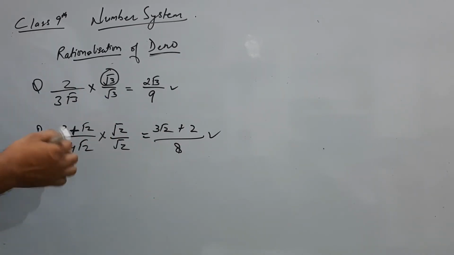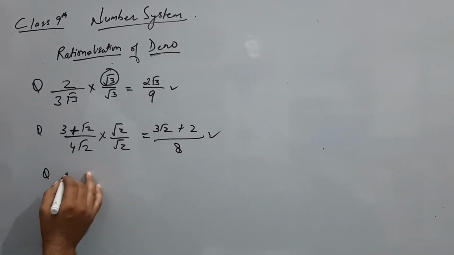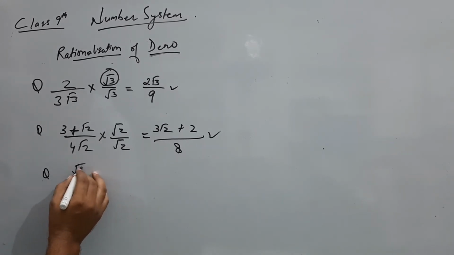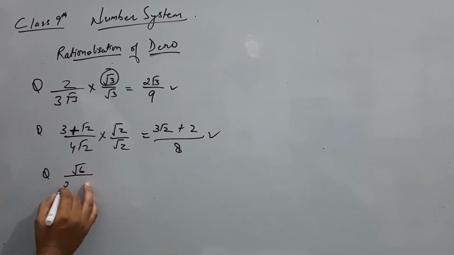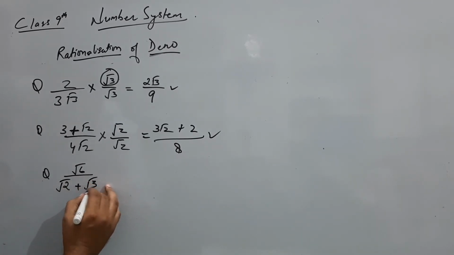But what happens whenever there are two terms, it is a single term and this is two terms, that means whenever there is a plus sign or minus sign, in that case we have to remember a square minus b square. Let's see your question. We have root 6 whole upon root 2 plus root 3.